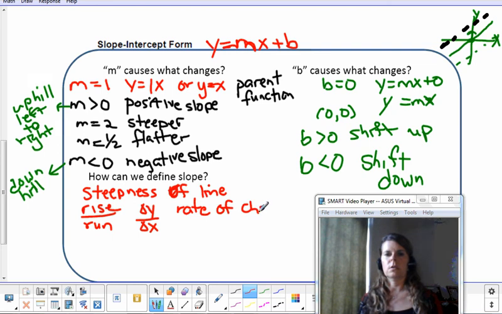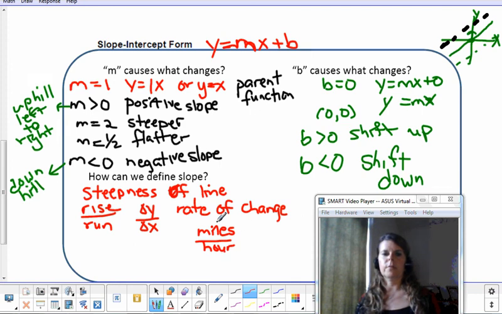Oftentimes when we're talking about functions, we talk about distance and time. So an example of rate of change would be distance, miles, over time, hours, miles per hour. That's one kind of rate of change.